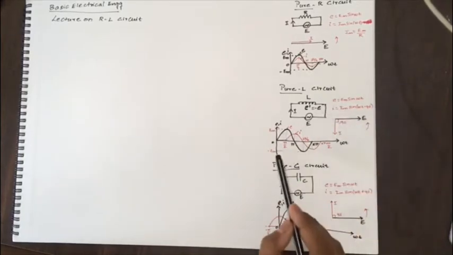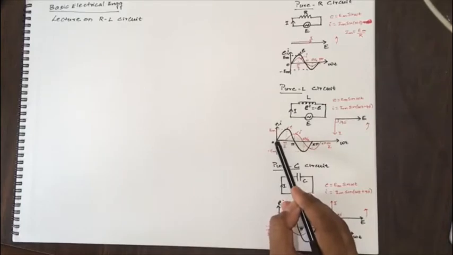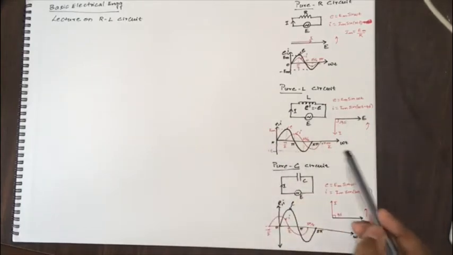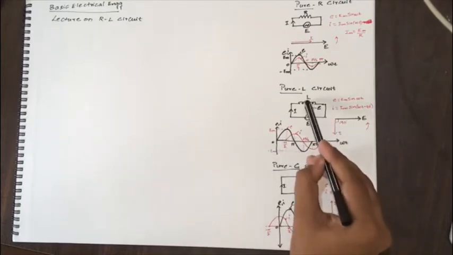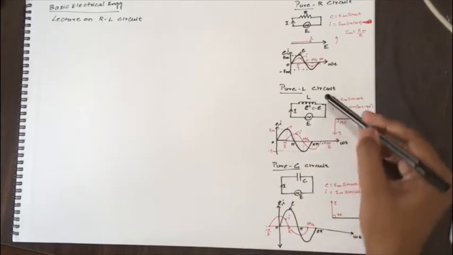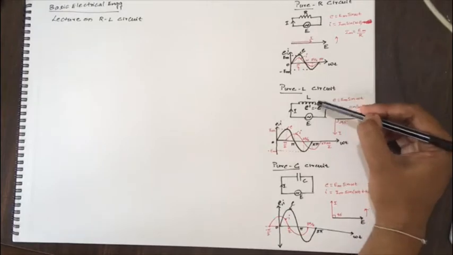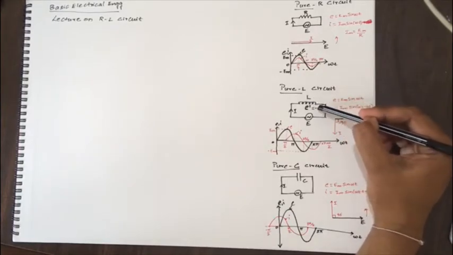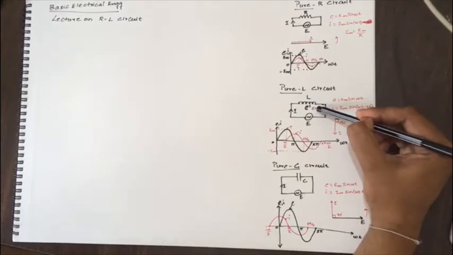So the moment current tries to change its value when omega t changes, that change is opposed by inductance L. Why does this opposition continuously exist? Because there is a self-induced EMF in the inductive coil, and this is continuously opposing its cause as per Lenz's law. The cause for this induced EMF is the change in flux.